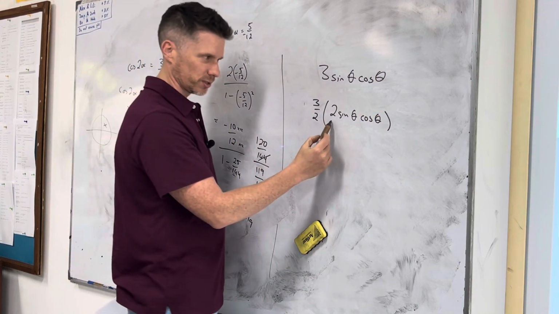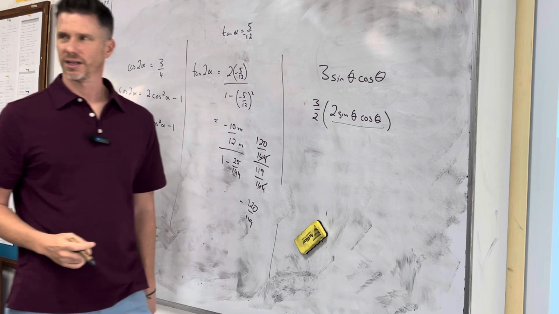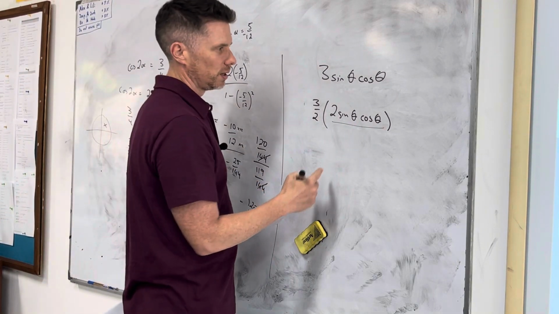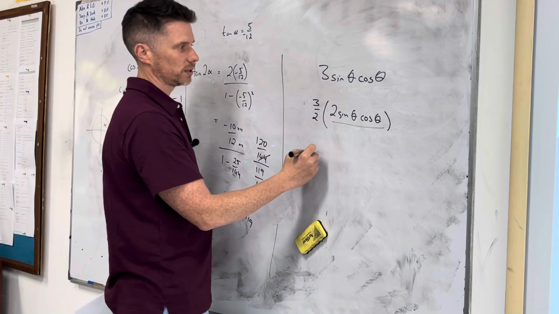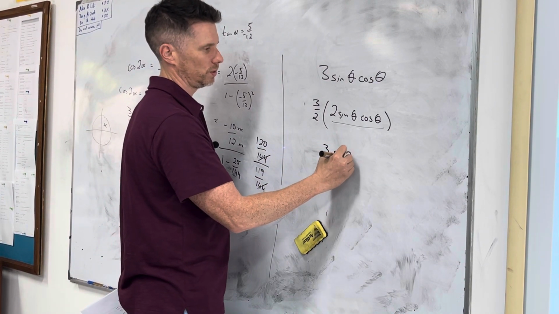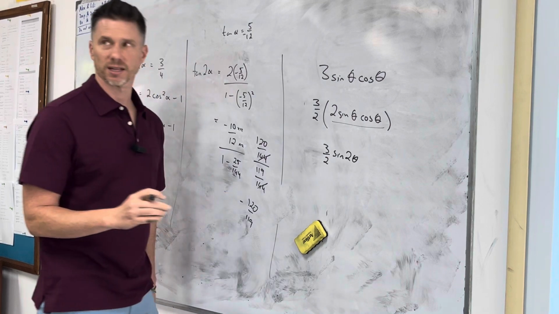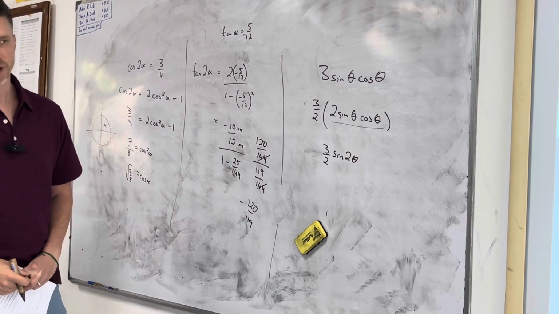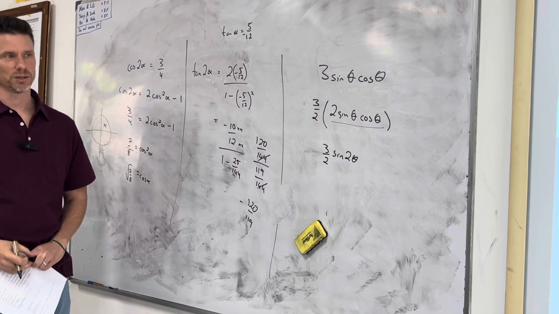Why did I pick this? Because this is one of the ones in my list of trig identities, and I can shorten it down to just using sine. This is sine 2 theta, isn't it? Yeah, 3 over 2 sine 2 theta is a slight tidy up. I'm only simplifying. So that's the idea you're getting here.